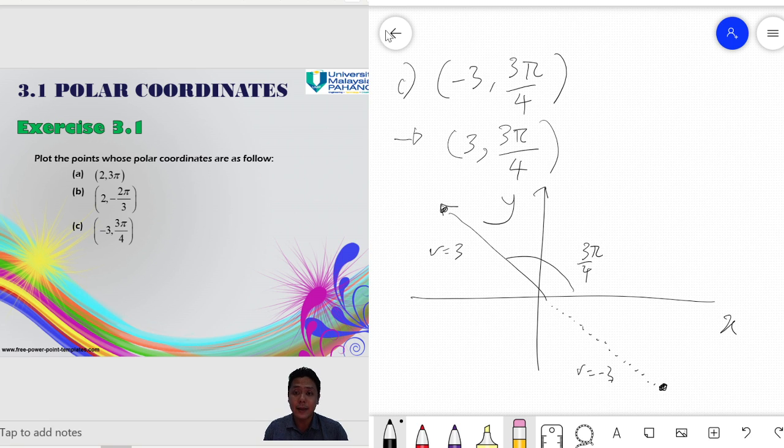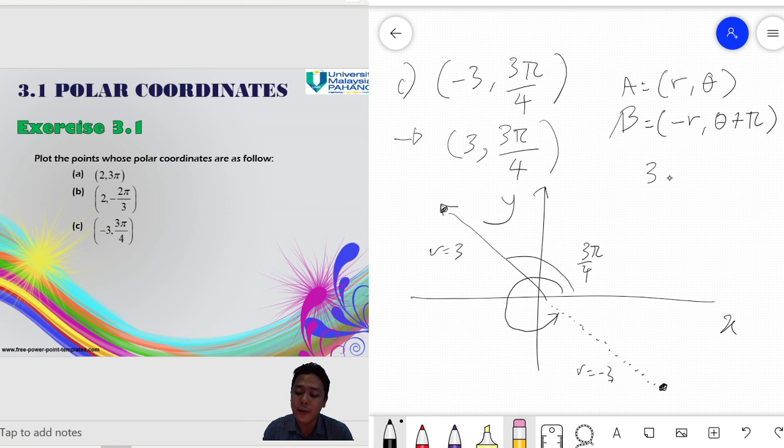How about the degree? The actual degree here has been transformed. Okay, I recap back. If r is given theta, the point for negative r will be theta plus pi. Right now we have 3 pi over 4, so we take this angle, 3 pi over 4 plus pi.